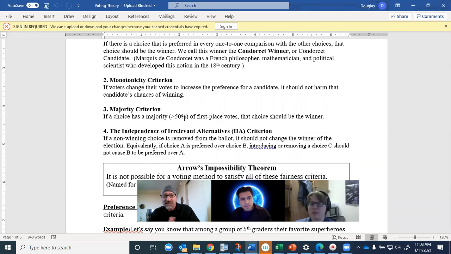Not all states are like that. In Washington state, if there's a senatorial race and one person gets 49.7% and the other has 47.9%, the person with the 49.7% wins. You don't need a majority in Washington to win an election, but in Georgia, you did. That's why they had to have a whole new election. We're going to talk about that more.